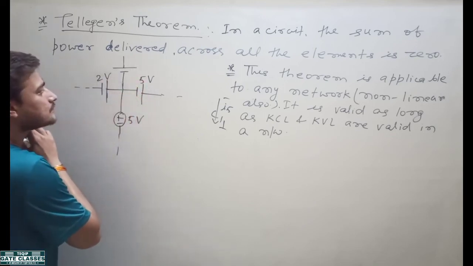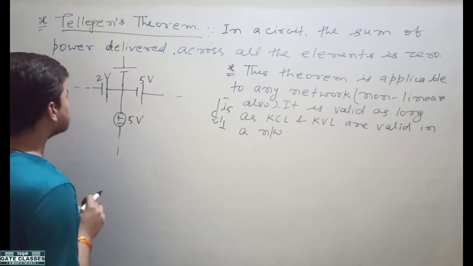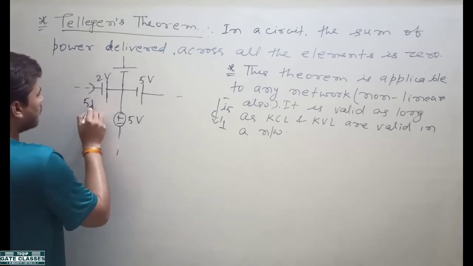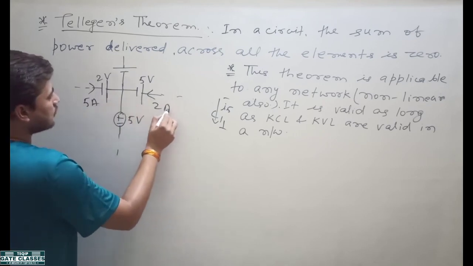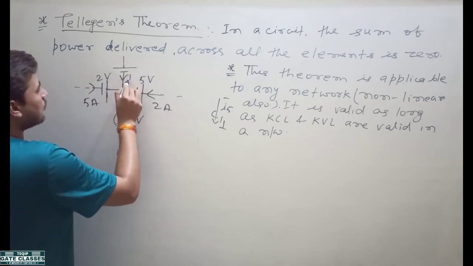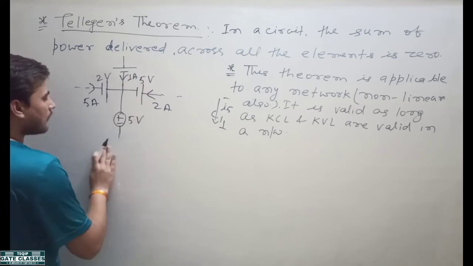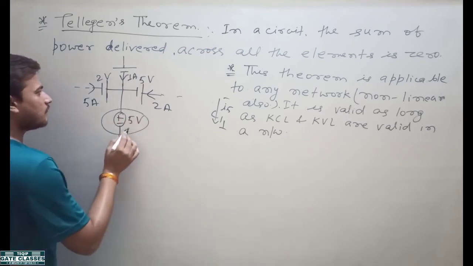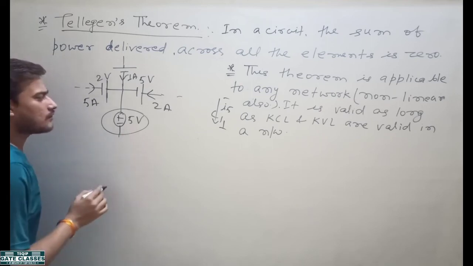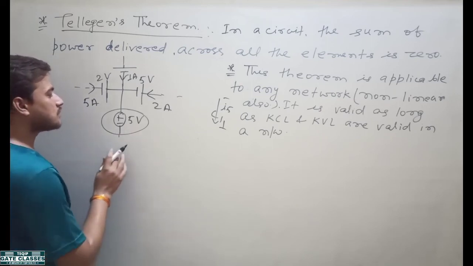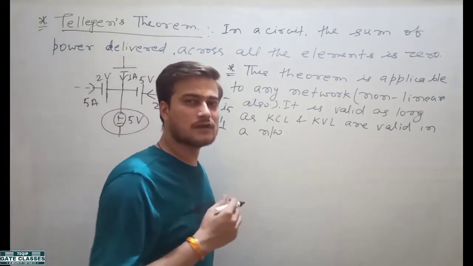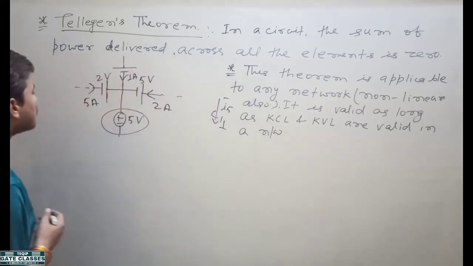So now here the currents are 5 ampere, here it is 2 ampere, here it is 1 ampere. Now you have to find the power of this 5 volt source. You have to find the power of this battery. You have to check whether this battery is delivering the power or it is absorbing the power. So let us see how to check.